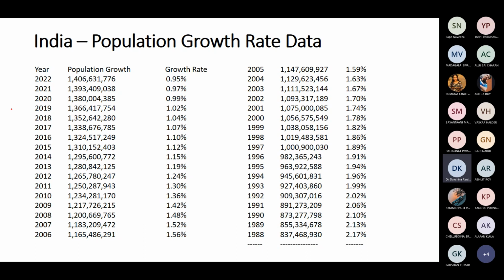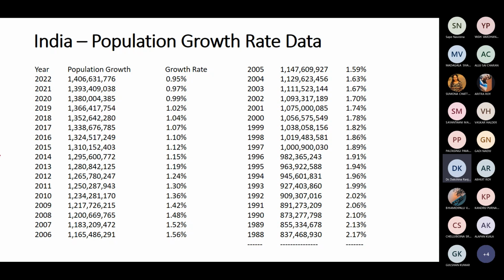Now in a particular year or the coming year, if we try to predict the growth rate, then we can consider population growth and year as independent variables. So there will be two variables, x1 and x2, and we have to determine the growth rate in the coming years.